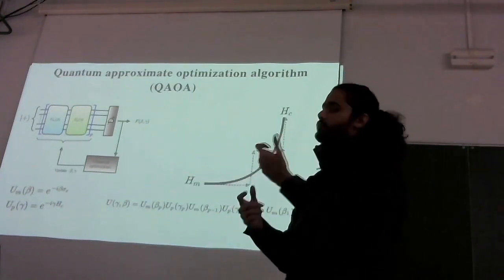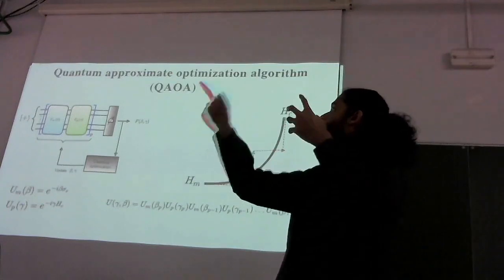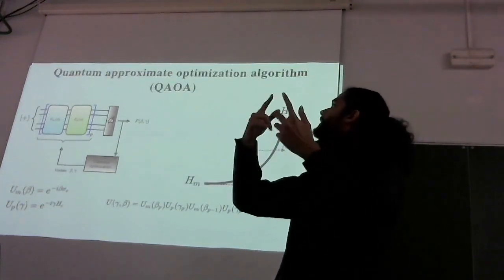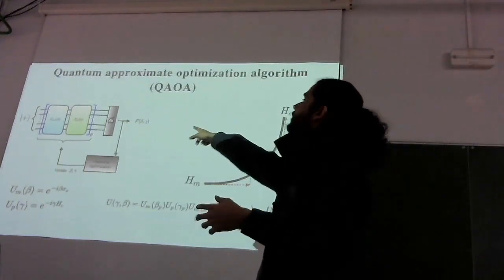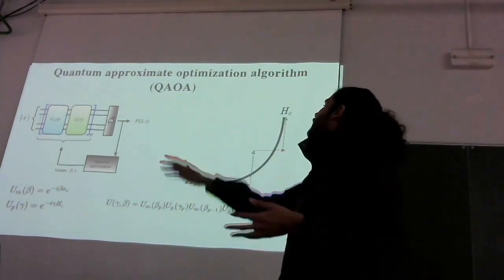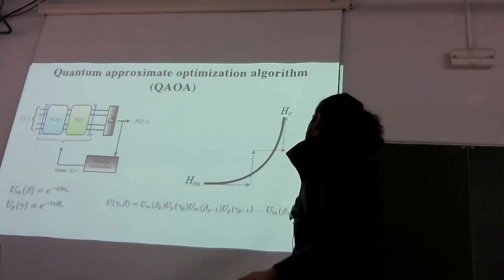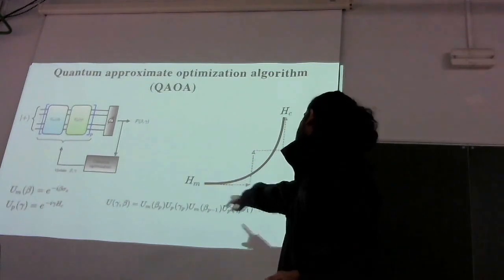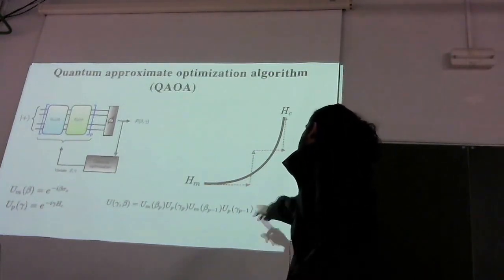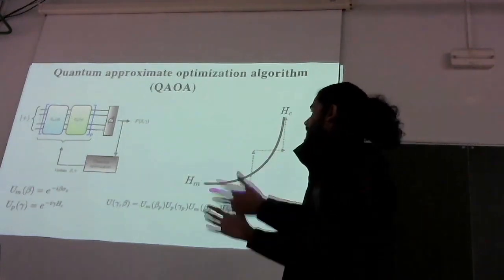Your goal is to have these two, the mixer and Hamiltonian terms, and at each iteration you optimize alpha and beta so that your cost function, in our case the expectation value of the Hamiltonian, is minimized. So this is the full unitary. You have repeated operations, and you optimize gamma and beta at each iteration so that you can reach the ground state. So, yeah, you know this already.